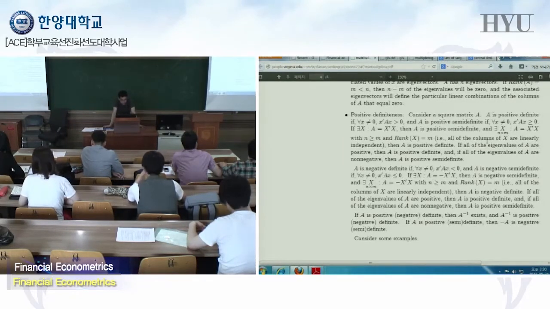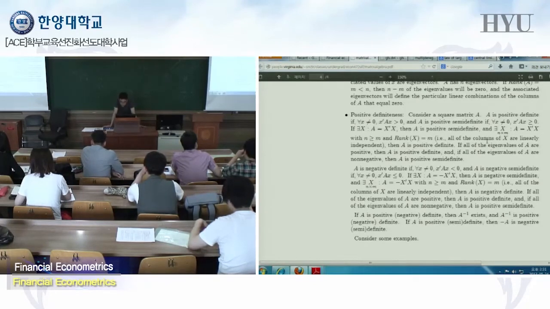If there exists an X such that A can be represented as X prime X, then A is positive semi-definite. And if there exists some X such that A becomes X prime X, with N greater than or equal to M and rank of X equal to M, that is, all of the columns of X are linearly independent, then A is positive definite.